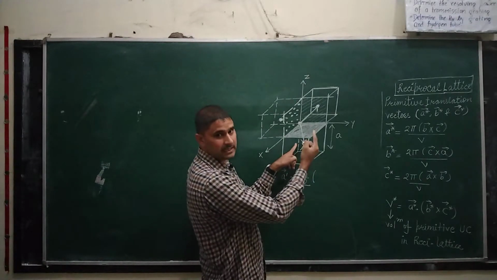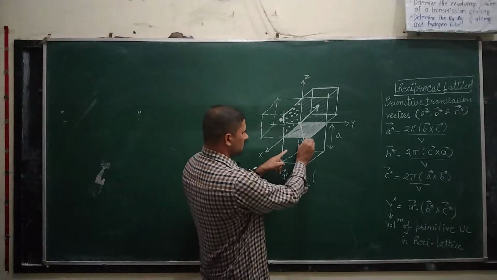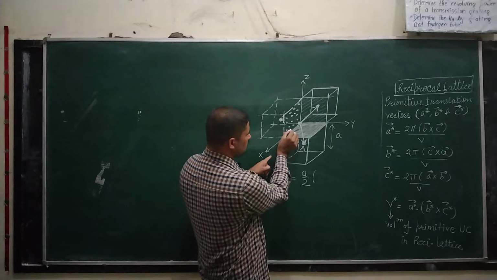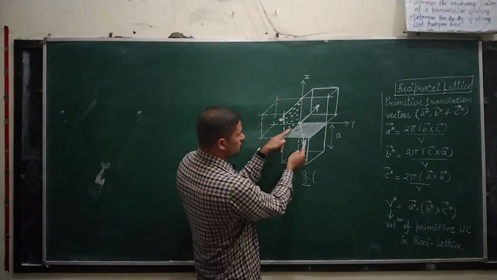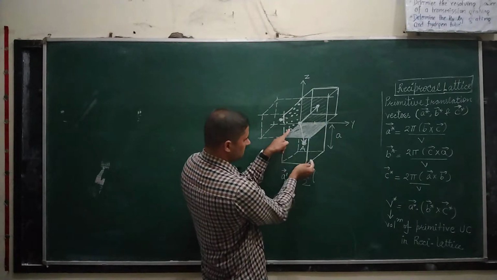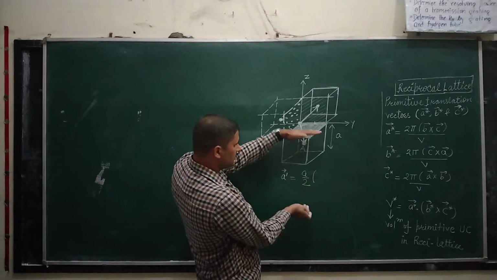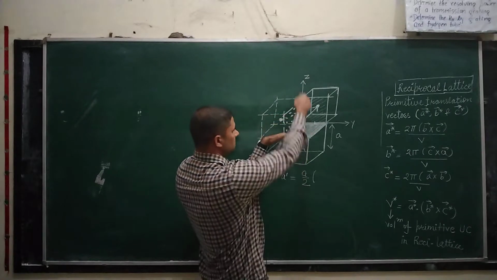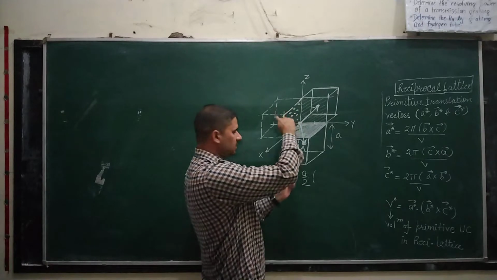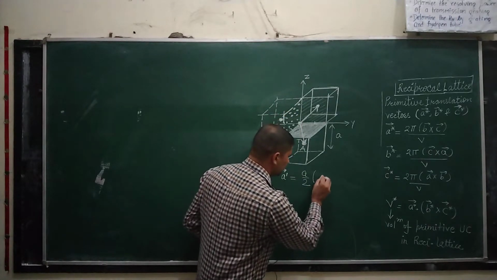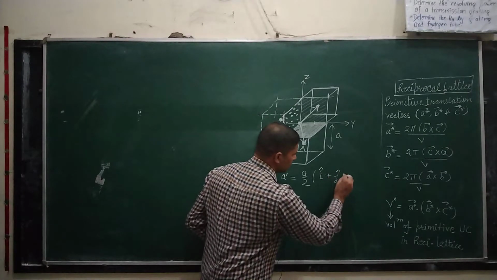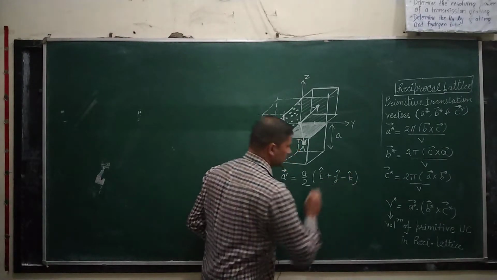This is in 3D, and for this you have the distance along the x direction, that is a by 2, and in the y direction it is a by 2, but you can see this cube is below the xy plane, so the coordinate for the z direction will be minus a by 2. So I will write it here: i plus j minus k.